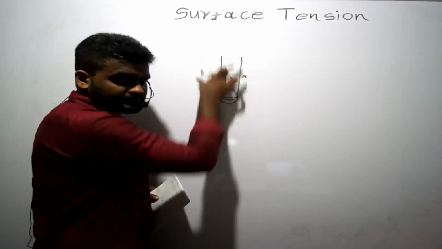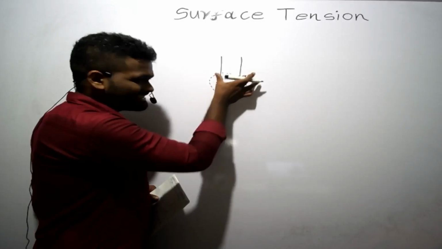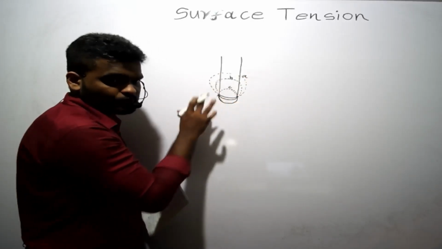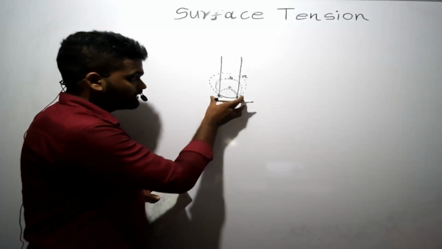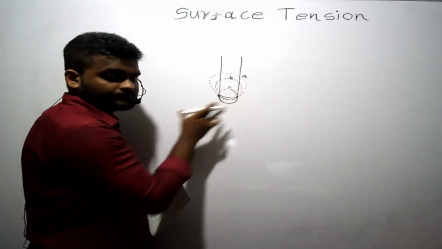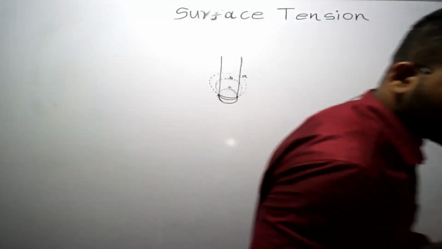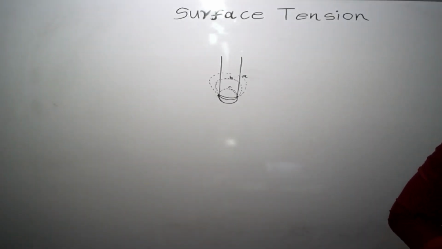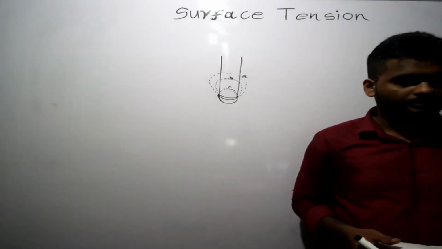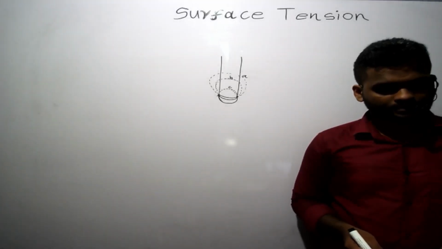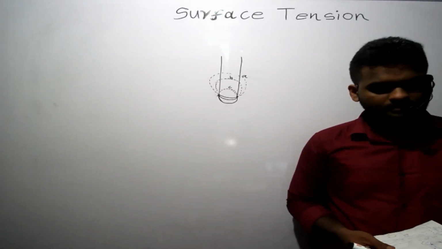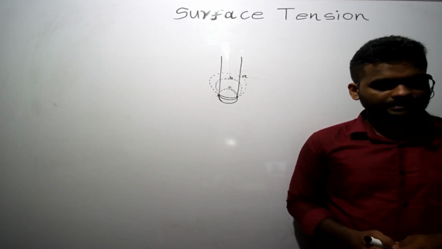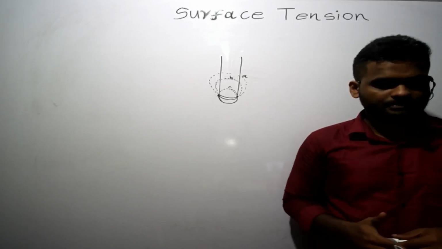You first take this down and first draw these three till you get a hemispherical shape, right? First draw that, otherwise it will be confusing. I think you can see that, right? There's A, B, and C meniscus, till you get a hemispherical shape.